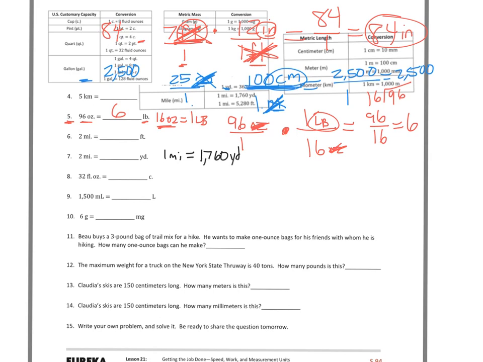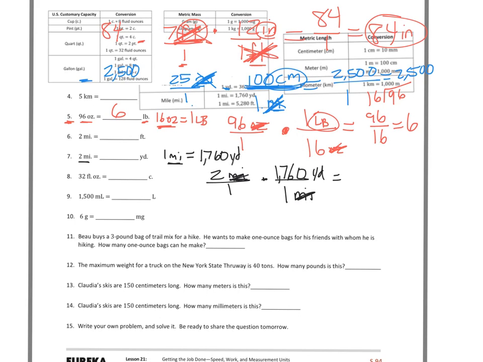So I'm going to set up my first part, which is 2 miles. And I'm going to put it over 1, and I'm going to multiply it by my ratio. And I know if I have miles right here, I'm going to have miles down below. So that's where my 1 mile goes. That's so I can do my cross canceling on my units. And I'll put 1,760 yards on top. So my miles cross out.